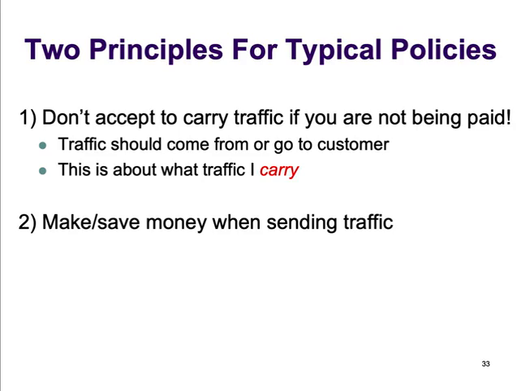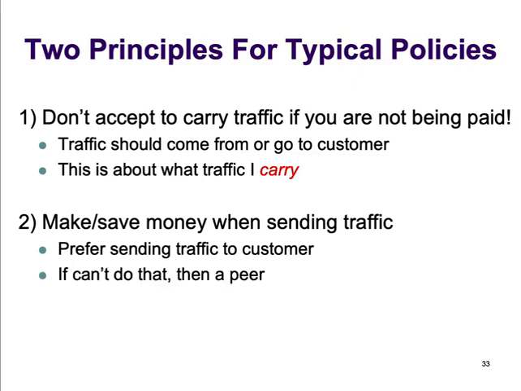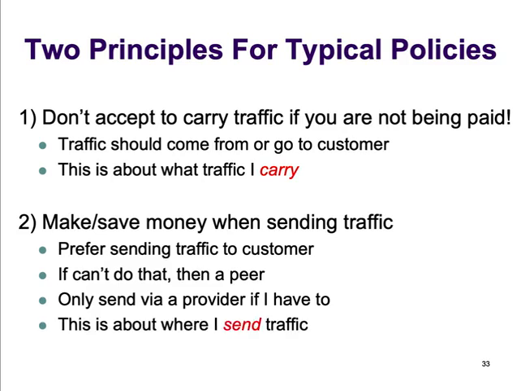What this means in turn is ideally I would like to send traffic to a customer because they pay me for it. But if I can't send it to a customer, I'm going to prefer to send it to a peer, because at least that's free. And my last resort, the thing I will do only when I have no other choice, is I will send it to a provider. And again, this is all about where you send traffic.